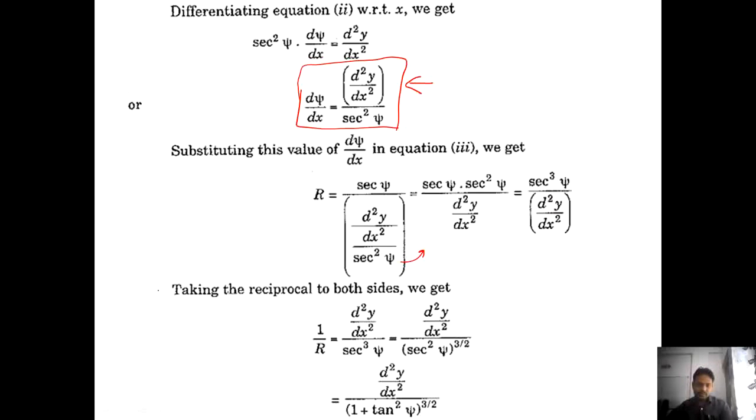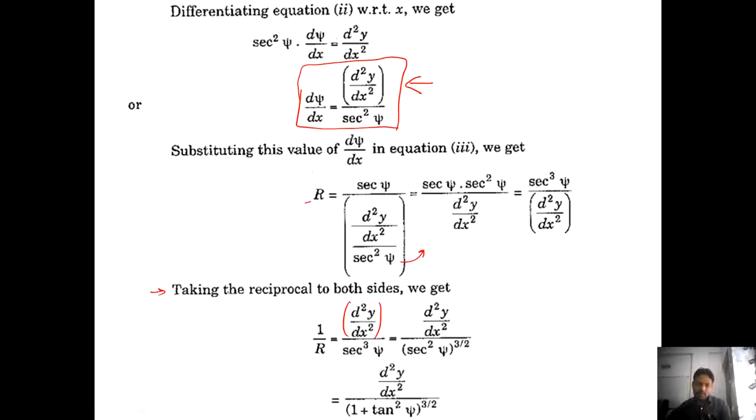Now taking the reciprocal on both sides, we get the reciprocal of this equation. Okay, r equal to sec cube phi by d2y by dx square. So the reciprocal will be 1 by r equal to d2y by dx square by sec cube phi.